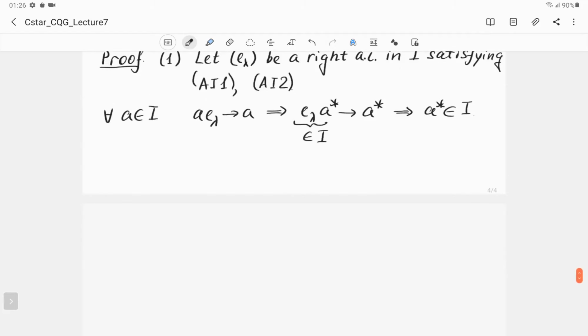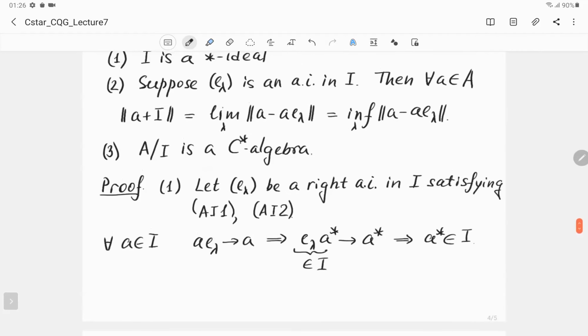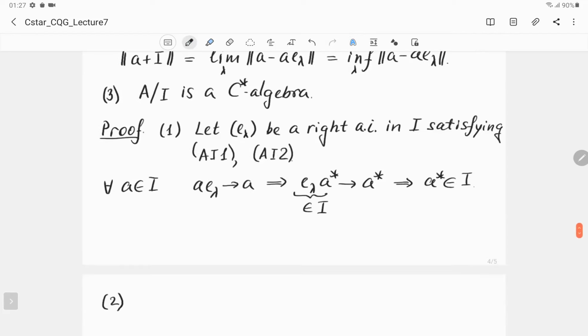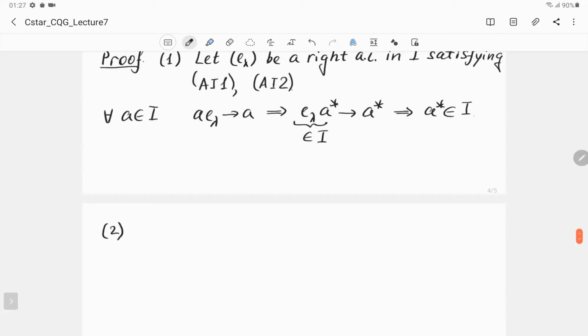Okay. Now let's prove the second part. So we take an approximate identity in I again, and we have to prove the following formula. To prove the formula, we take an element A in our algebra, an element B in our ideal.